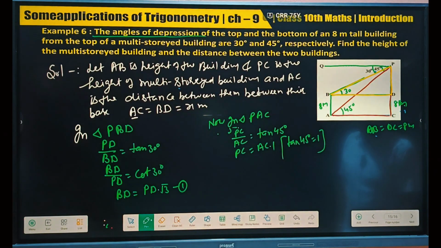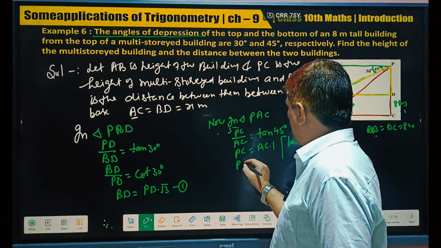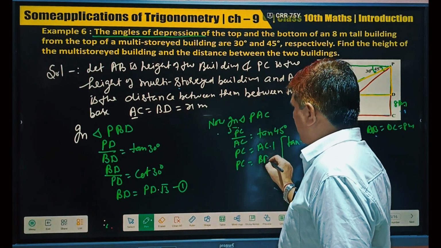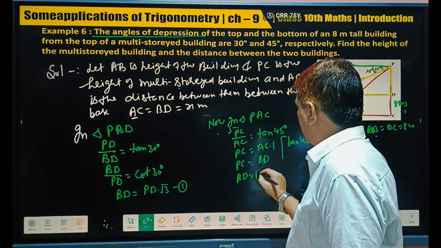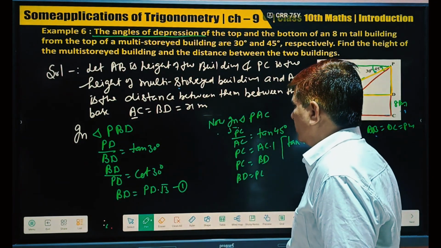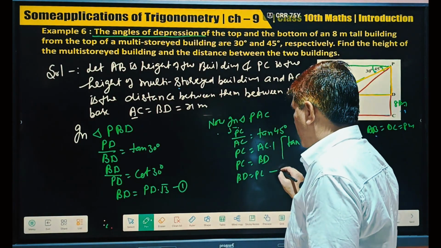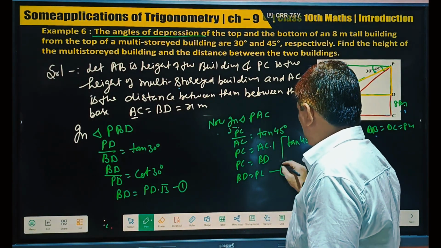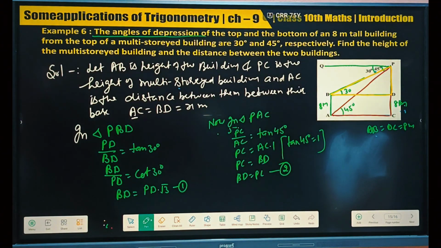So comparing, PC equal to AC, so what can you say? PC equal to BD, or we can say BD equal to PC. Yes or no? Comparison of first and second.